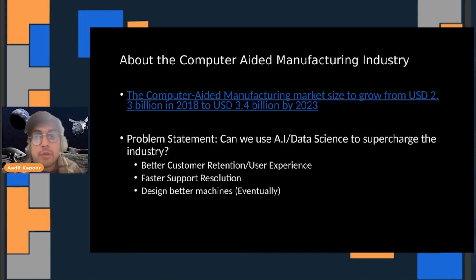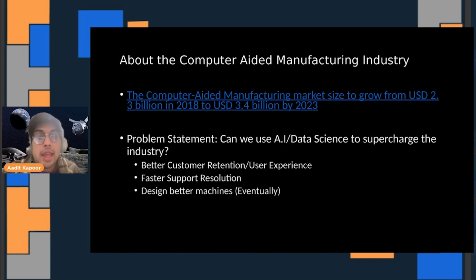Sometimes the question comes up: why complicate things using AI or data science on the machine? These are some points. If we apply these three P's to get information, we would have better customer retention. We have a better support system where, instead of calling customer service, the dental lab owner in our case could easily highlight the problem, basically allowing the software to find the problem.